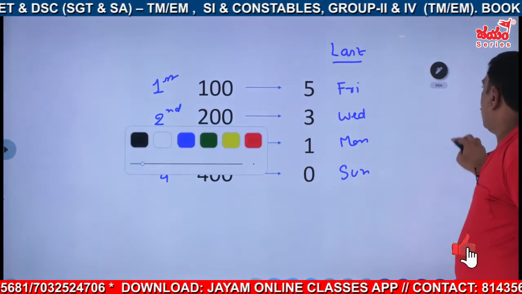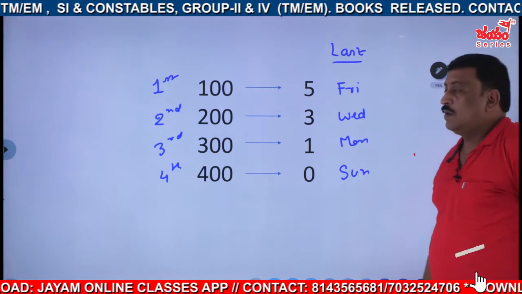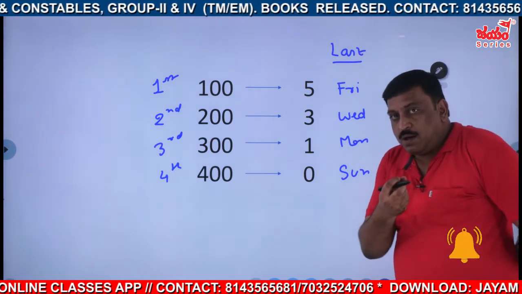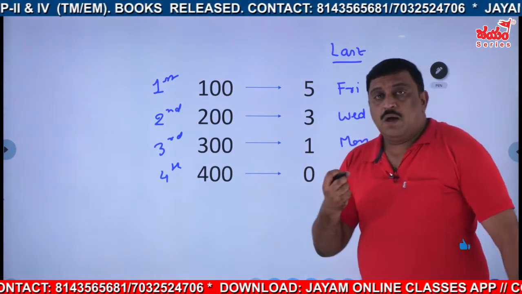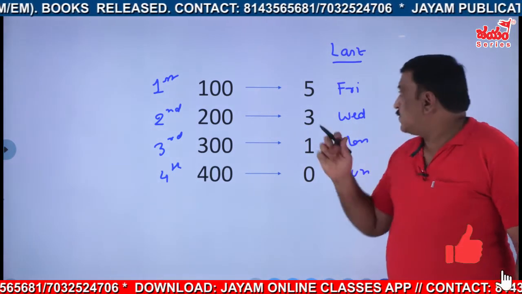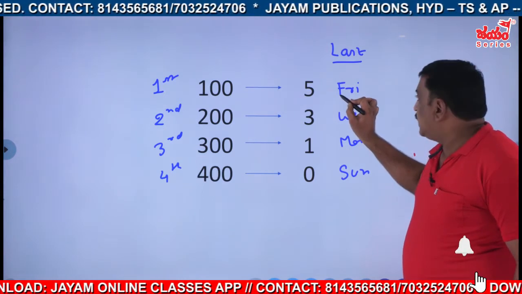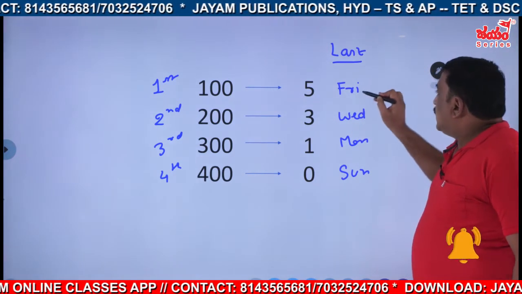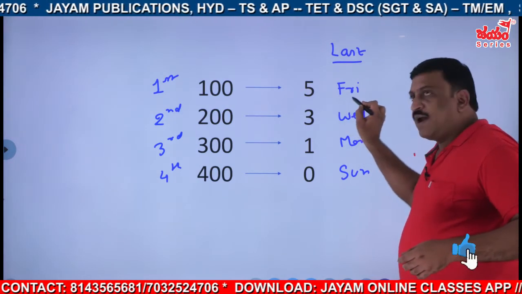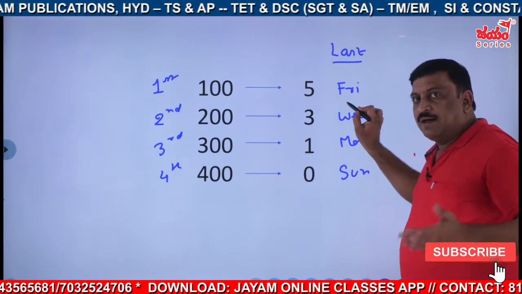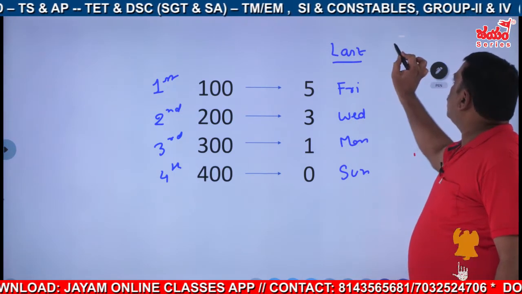Now, that is the conclusion. You see this one here. The first century's last day is Friday, so what does the second century start with? The first century ends with Friday. For the second century, I'll write here the starting day.